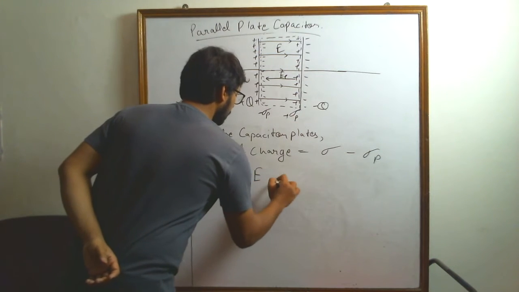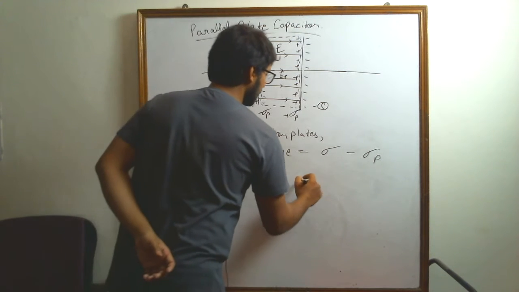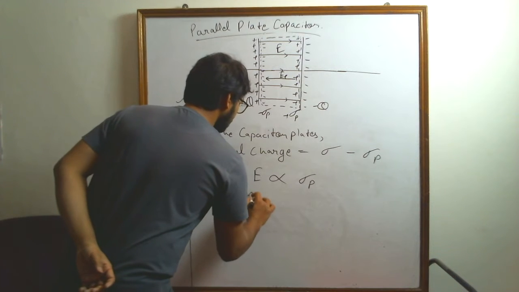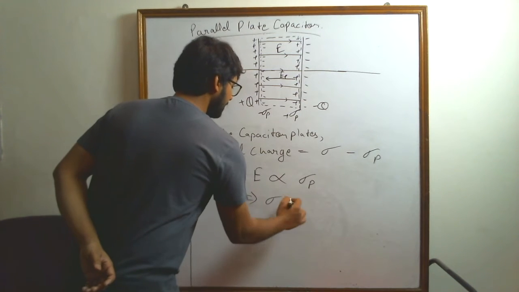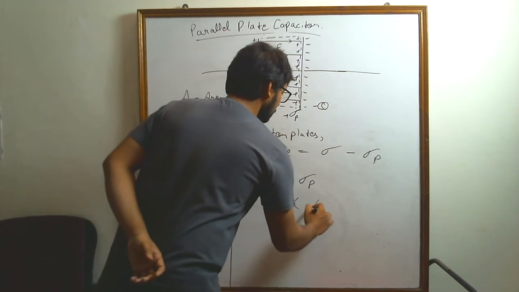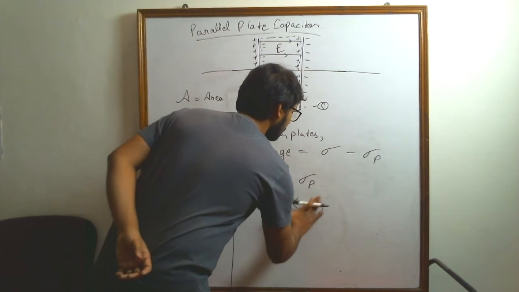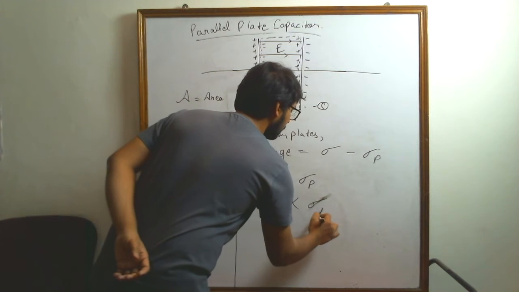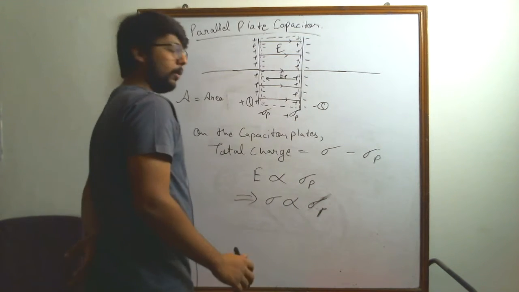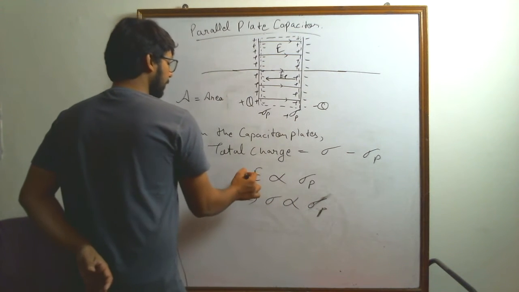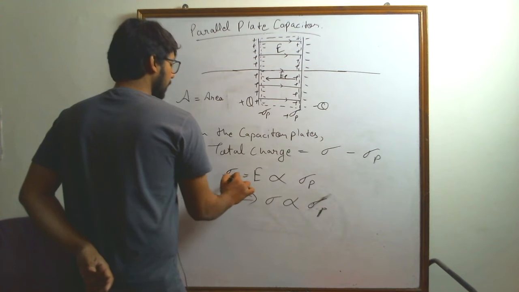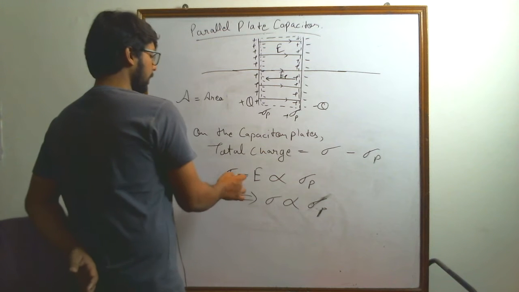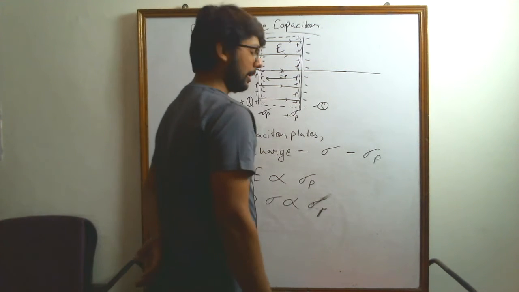So, electric field is directly proportional to sigma p, which implies sigma is directly proportional to sigma p. Okay, why is that again? Because electric field is equal to sigma upon epsilon naught. Epsilon naught is a constant in any way, so sigma is directly proportional to sigma p.